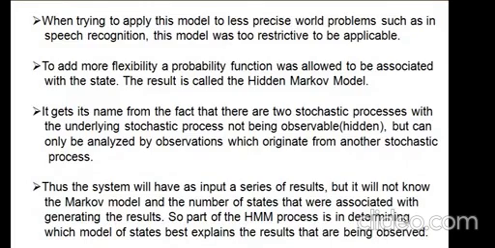Okay, next, it gets its name from the fact that there are two stochastic processes, with the underlying stochastic process not being observable, but can only be analyzed by observations which originate from another stochastic process. How does the hidden Markov model get its name? There are two stochastic processes, two random processes, with the underlying stochastic process not being observable.